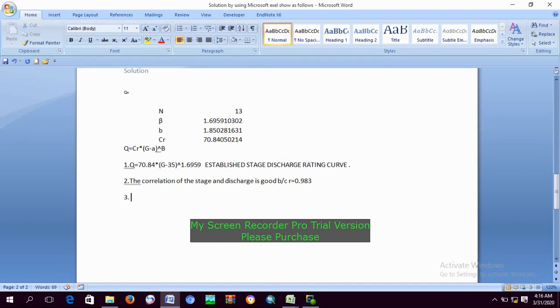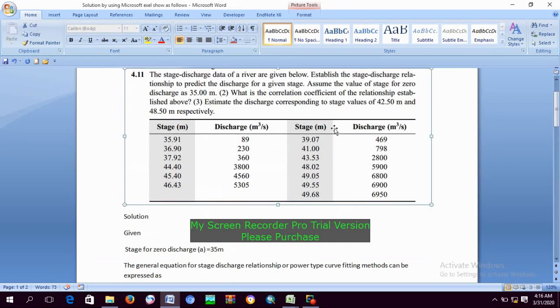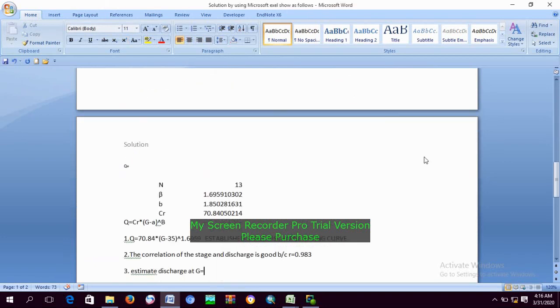The third one is to estimate the discharge at G equal to 42.5 and 48.5.